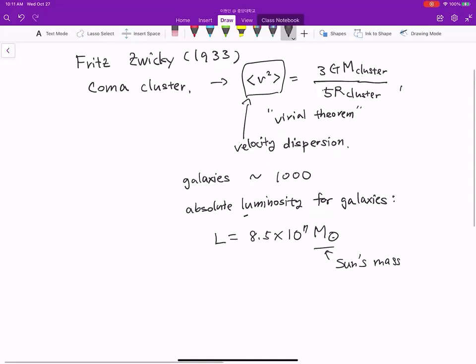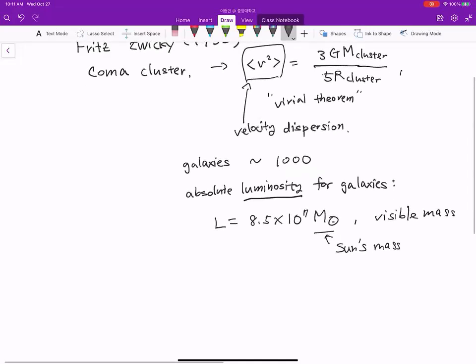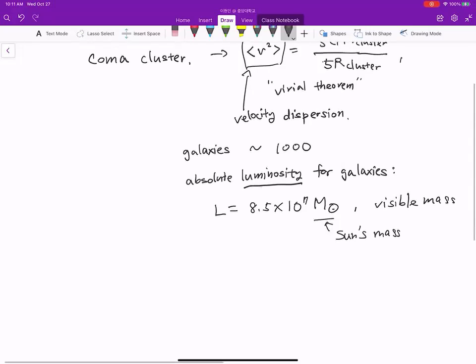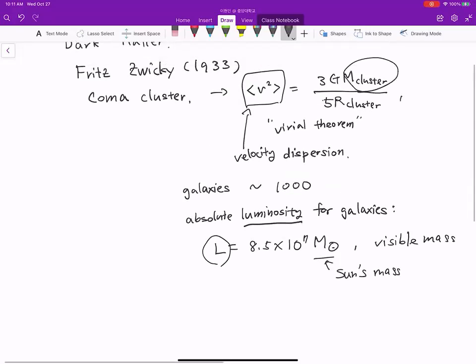So this luminosity, so luminous mass, this is the luminous, visible mass. And this is the one parameter, and the total mass is the M cluster. We don't know it, but if there is no dark matter, the luminous mass L is just the total mass.